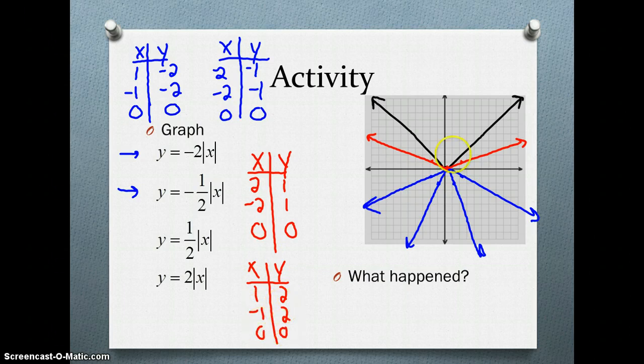So 0, 0, 1, 2 is there, negative 1, 2 is there. And as you can see, these 2's, whole numbers greater than 1 or less than negative 1, make these graphs skinnier. And that will be the case for all of these.